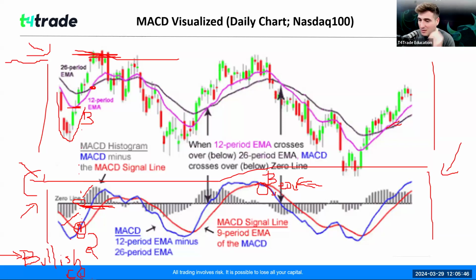But by using only the MACD, the signal for exiting is once again the crossover of the blue line below the red line, which is hopefully somewhere in here. This is where the signal was for you to exit. When you see the blue line crossing below the red line, you see the histogram turning red.